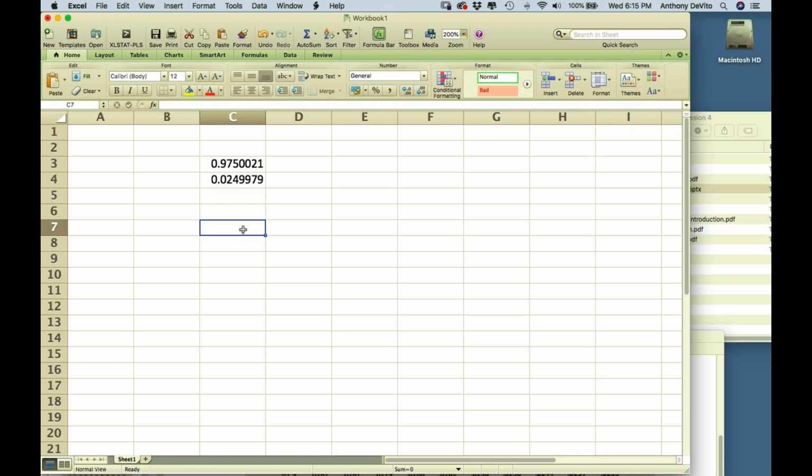Now, during the last class and on Blackboard, there's a PDF file that has 5 or 6 functions like this: NORM.S.DIST, NORM.DIST, NORM.INV, BINOM.DIST. So there are a series of 5 or 6 functions in Excel that you can use to avoid tables and doing some calculations and so on.